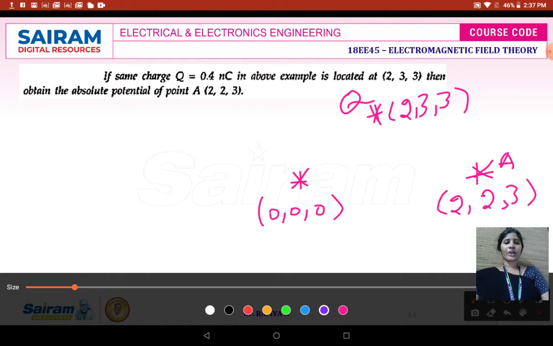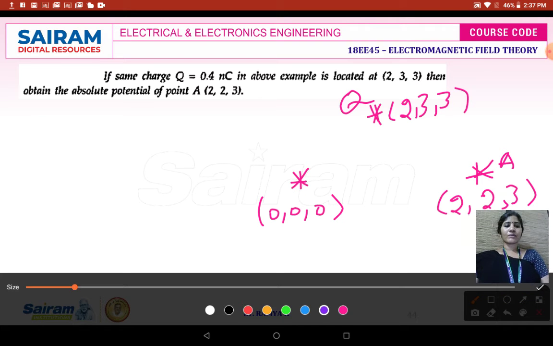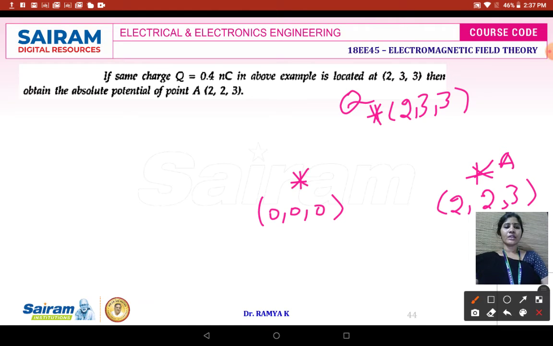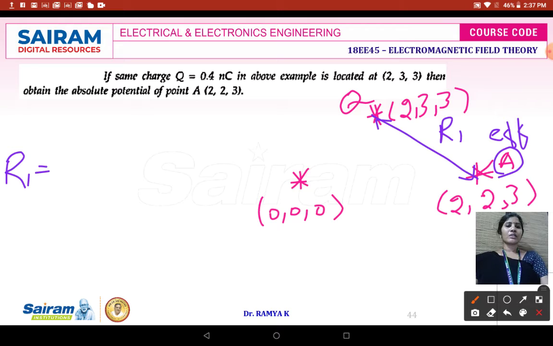Now to identify the distance between these 2 points, we can write the distance as R1, where R1 is the distance between your cause and effect point. This is the place where we want to identify the potential, so this is my effect and this point is my cause.